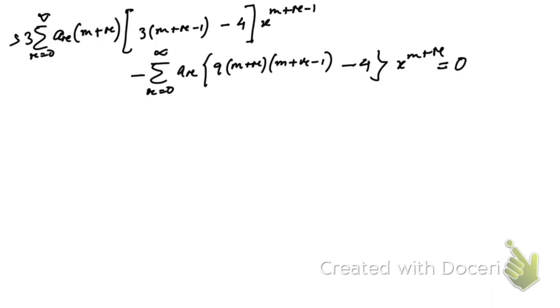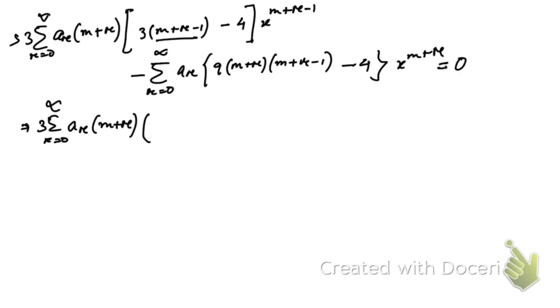So now if you simplify this, then what you're going to have: 3 summation r equals 0 to infinity a_r (m + r).